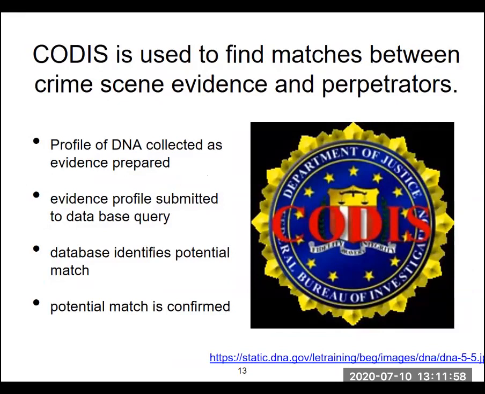So they collect the DNA with the evidence and run it through the database. The database, if it has a match, will identify the likely person who committed that crime. And then they can continue to do an investigation to try to determine if they truly are the person that did that.